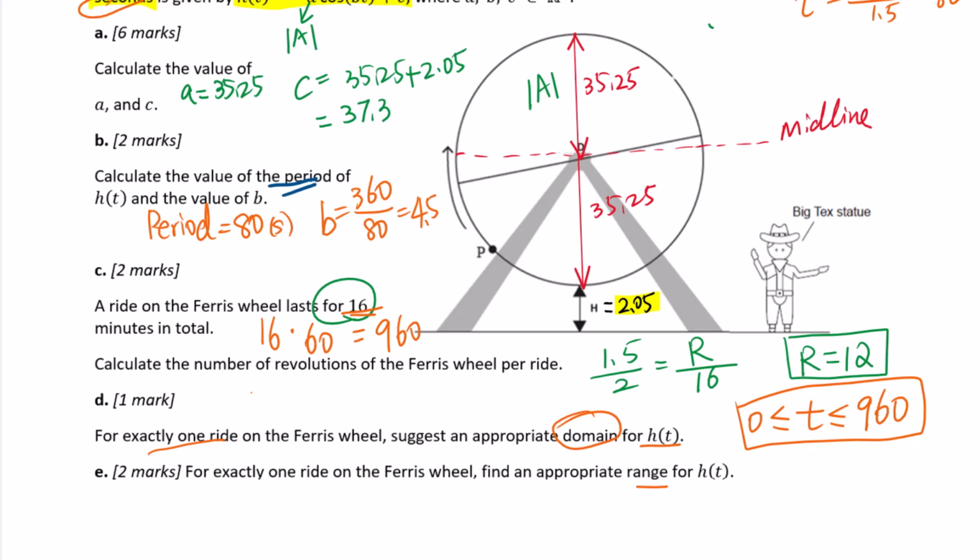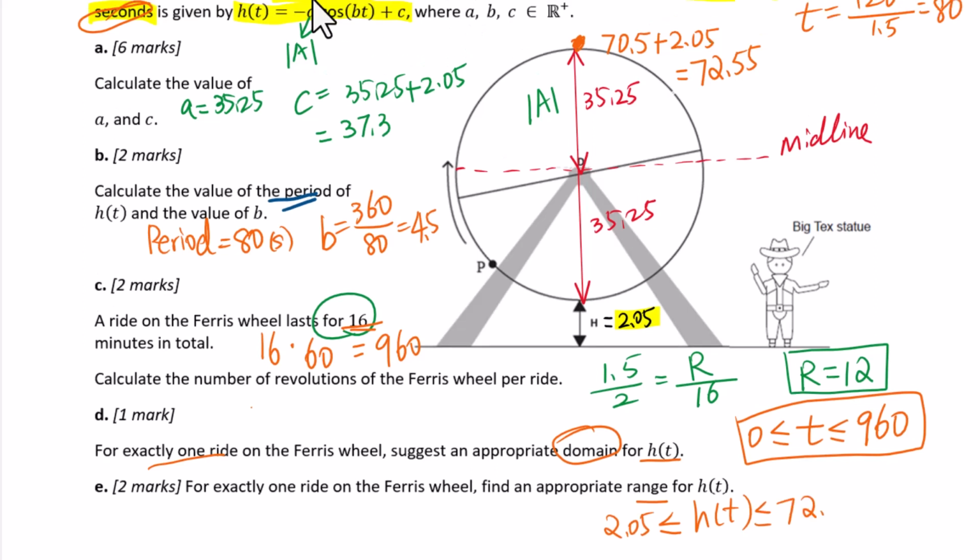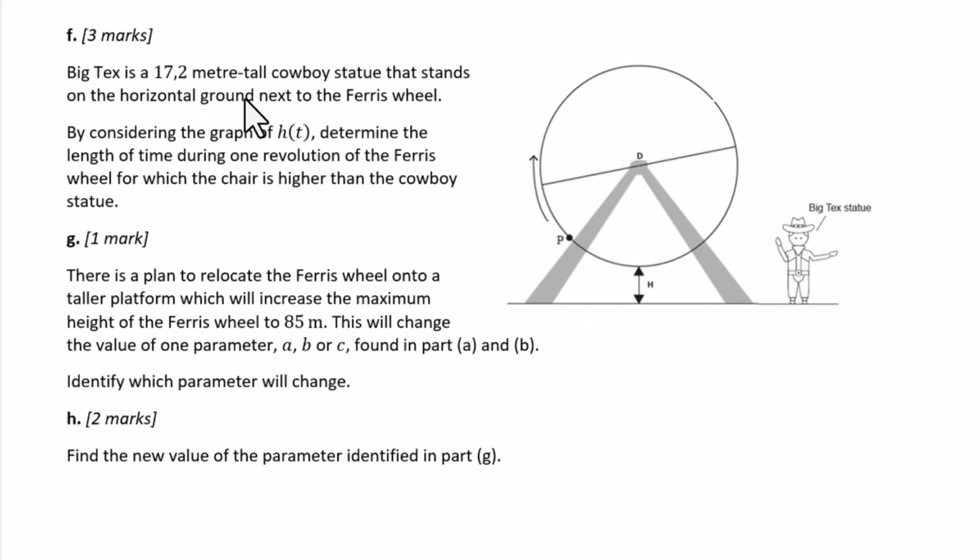Maximum height, it's here: 70.5 diameter plus 2.05 equals 72.55. So h of t is greater than or equal to 2.05, less than or equal to 72.55.